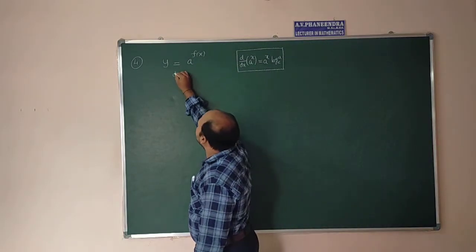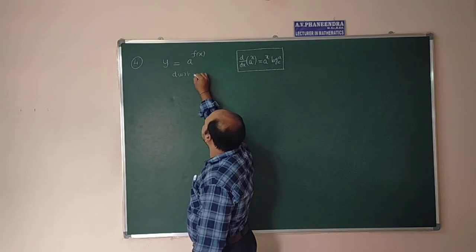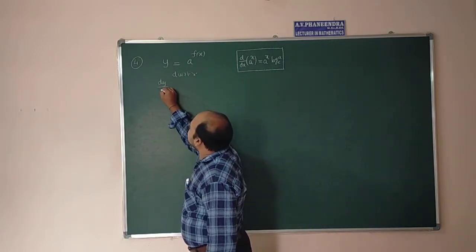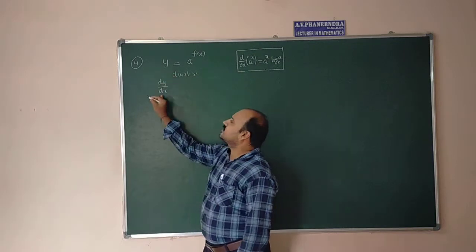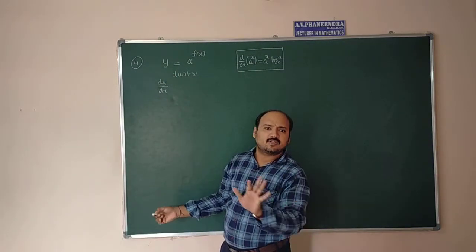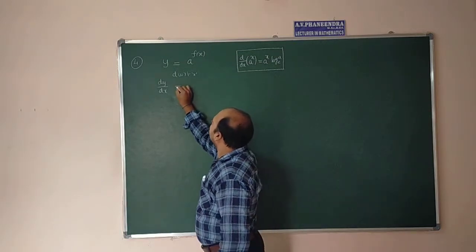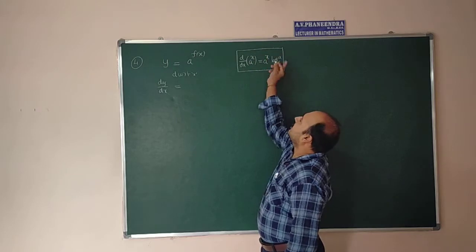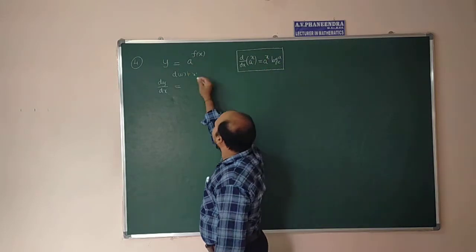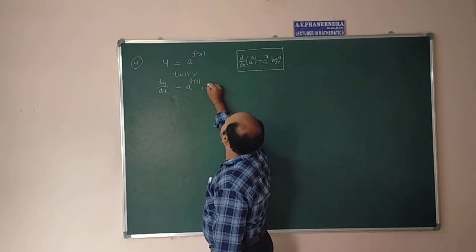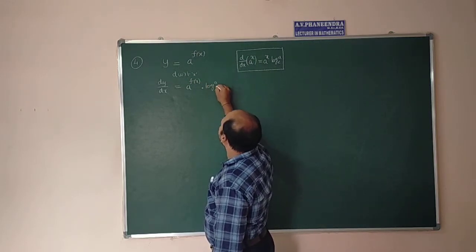So differentiate with respect to x. The derivative is dy by dx. Suppose in place of y, f of x is there, then d by dx of f of x will become f dash of x. That is equal to a power f of x. a power x means a power x into log a to the base e, so a power f of x means a power f of x into log a to the base e.